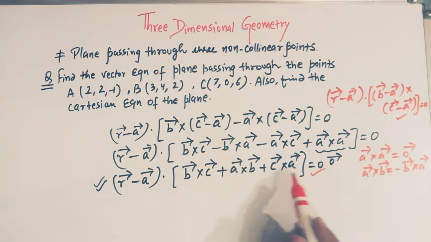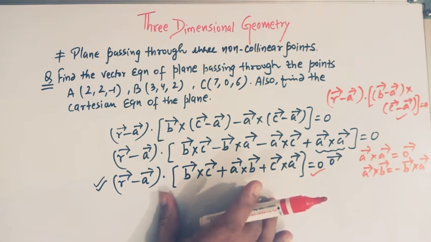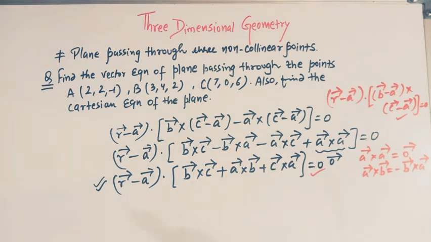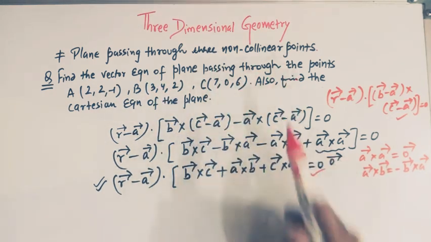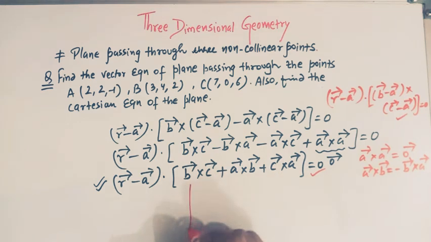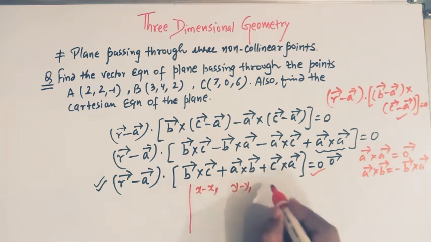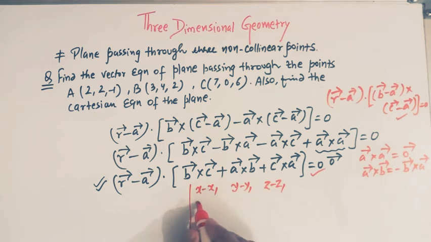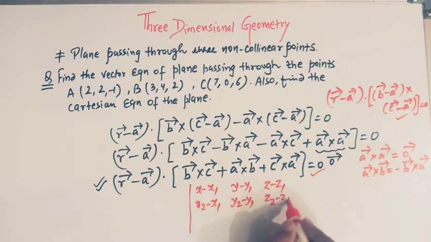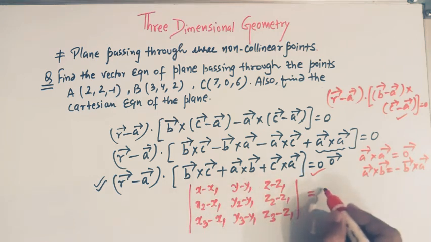Okay, now if we simplify this vector equation into the Cartesian form, then we get the Cartesian form of the equation of the plane passing through three non-collinear points as the determinant x minus x1, y minus y1, z minus z1, then x2 minus x1, y2 minus y1, z2 minus z1, then x3 minus x1, y3 minus y1 and z3 minus z1, and this determinant is equal to 0.